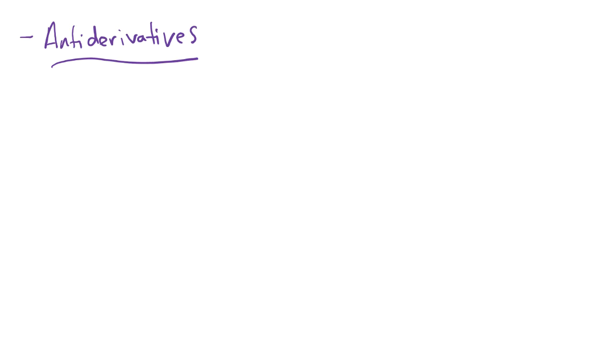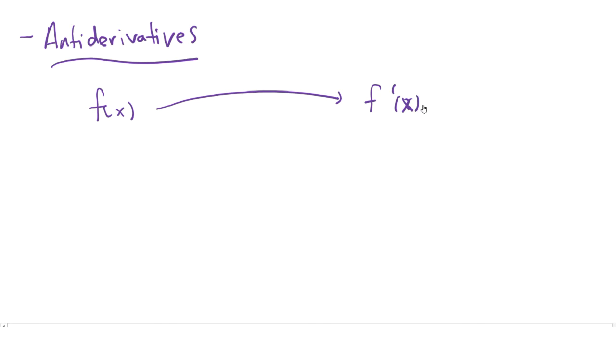Let's start with a function, say f of x equals x squared, and take the derivative. We use the operator d dx to represent the act of taking the derivative.